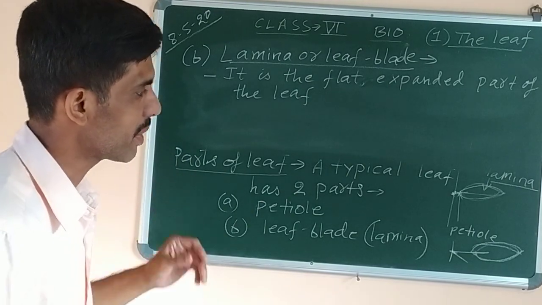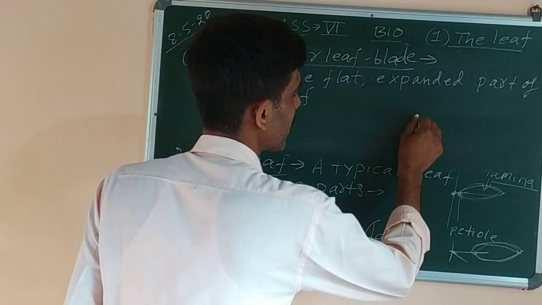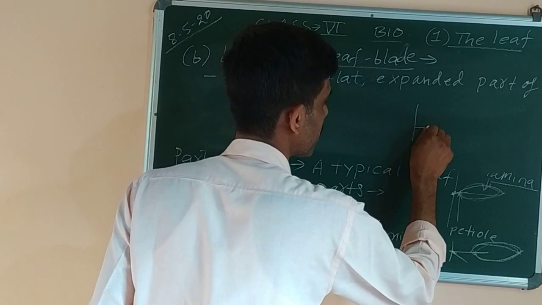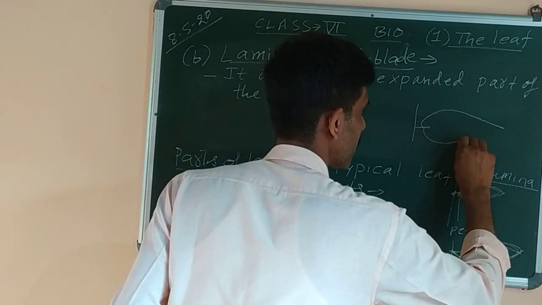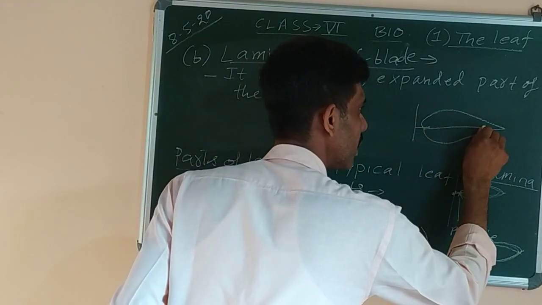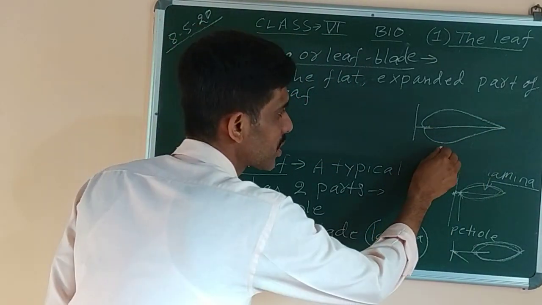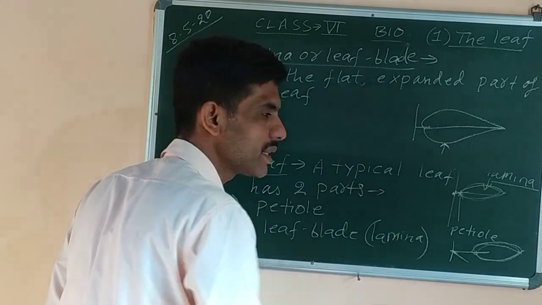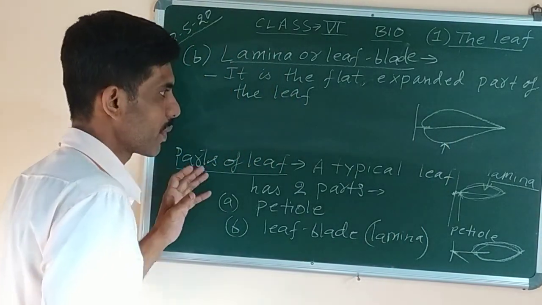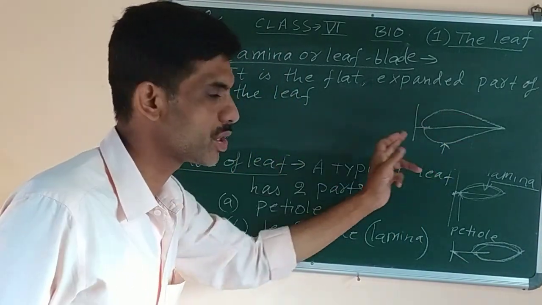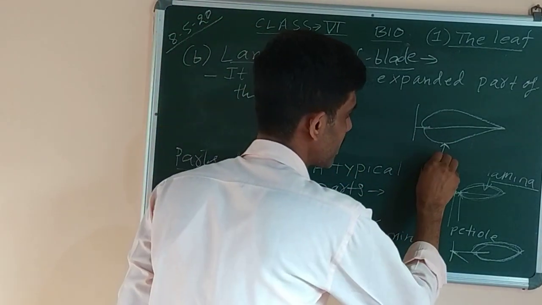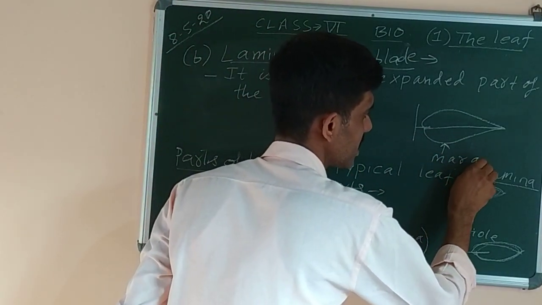Okay, now you can see many structures are there in that lamina. Like if I draw a diagram here, you can see in the middle one rib there, no? Now what is this called? The side or the margin, no? So we can say the boundary of the leaf blade is called leaf margin. So I will write it here, M-A-R-G-I-N.